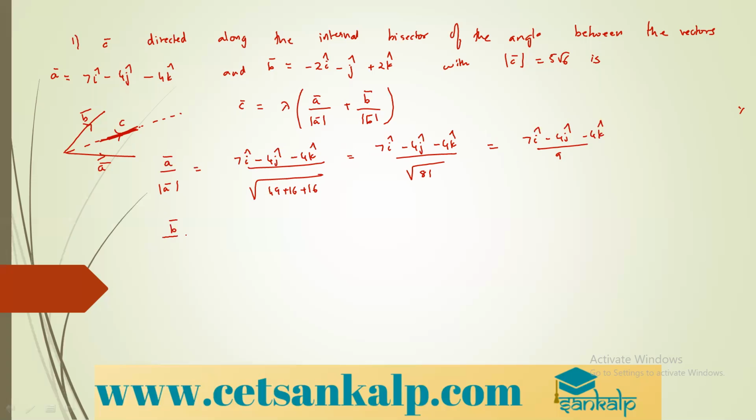Similarly, we will find B by magnitude of B. That is minus 2i minus j plus 2k by square root of 4 plus 1 plus 4, that is minus 2i minus j plus 2k by square root of 9, which is 3.